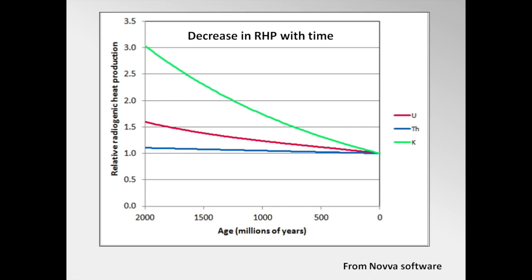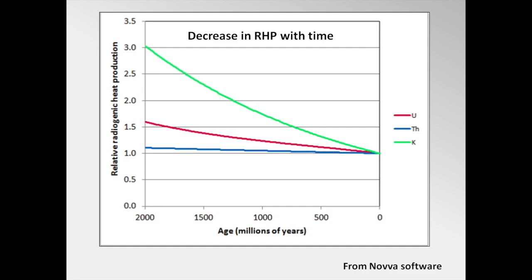As this plot shows, RHP from potassium today is about 23% less than it was 500 million years ago. The smaller decrease for uranium and the very minor decrease for thorium give us an average reduction in RHP for a typical granite of 6.4% from 300 Ma to present day.